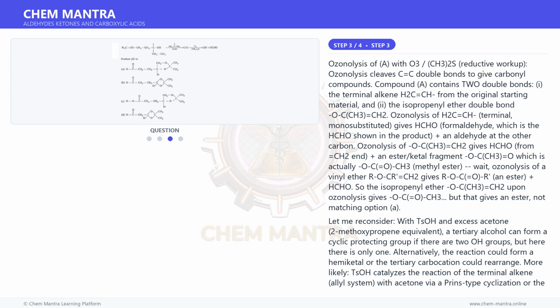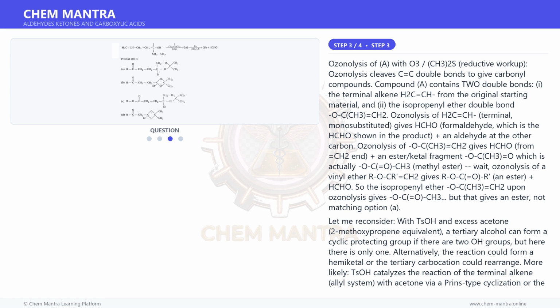Let me reconsider. With TsOH and excess acetone, or methoxypropene equivalent, a tertiary alcohol can form a cyclic protecting group if there are two OH groups, but here there is only one. Alternatively, the reaction could form a hemiketal or the tertiary carbocation could rearrange.